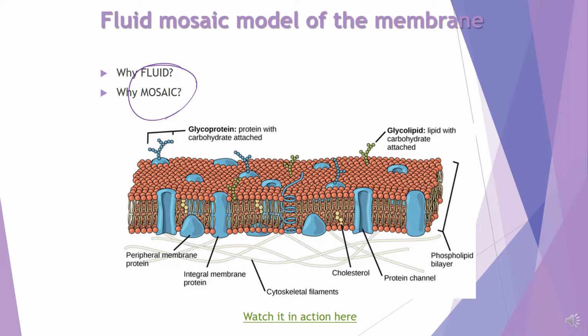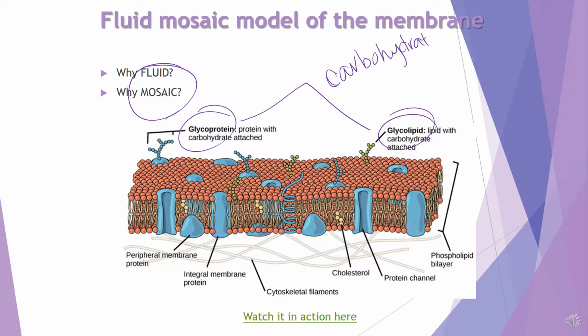There are certain parts of the cell membrane that I also want to show you here. So you can see these glycoproteins and glycolipids, and basically these are both carbohydrates. And they're important in cell recognition. And I like to think of these as like the cell's flags.